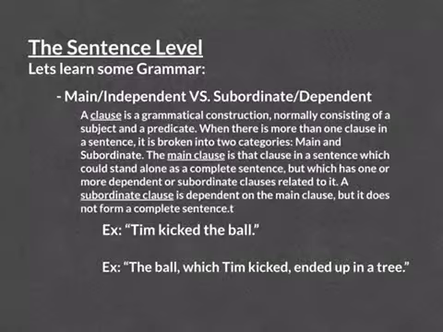When there is more than one clause in a sentence, it is broken down into two categories, main and subordinate. The main clause is that clause in a sentence which could stand alone as a complete sentence. And that's really the main thing: a main clause can stand alone, it doesn't need anything else. Whereas a subordinate or dependent clause requires more information.